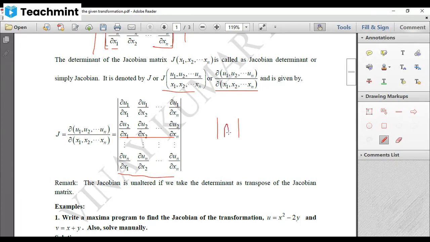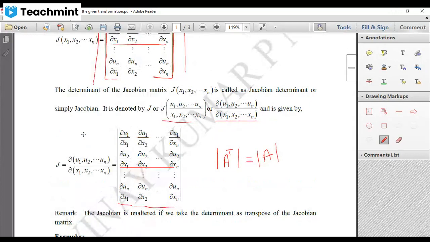Determinant of A transpose is the same as determinant of A. Because of that, whether you write them as rows or columns doesn't make any change in the answer. Since we are discussing the real case, your determinant, so the Jacobian of a matrix, will be a real number.